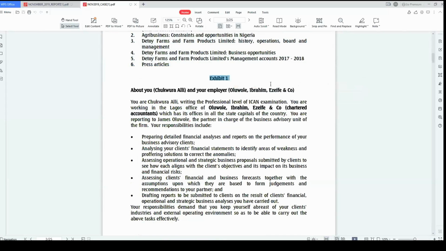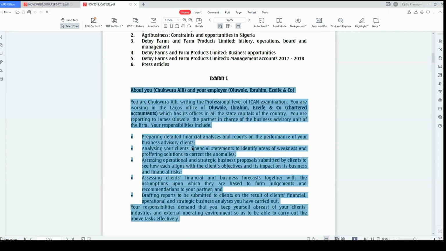So for instance, someone from the class will read exhibit one. While the person is reading, I would like every one of you to take note of what the person is reading. So once the person is done reading, then I will ask you to make your contribution. I mean, tell us what you understand about that particular exhibit.